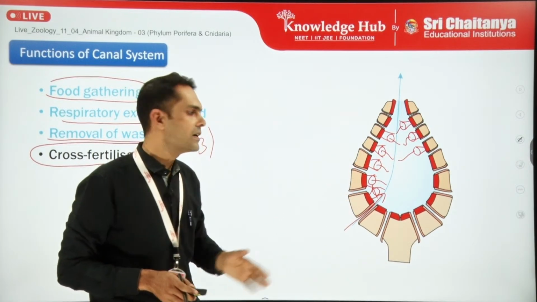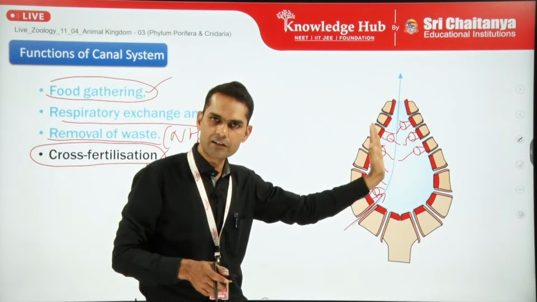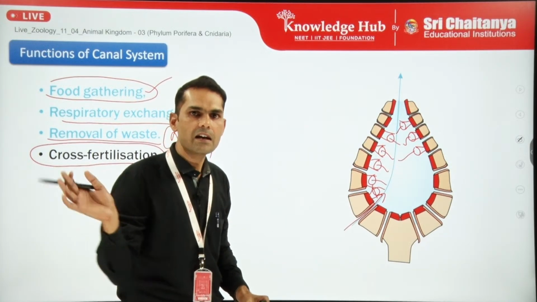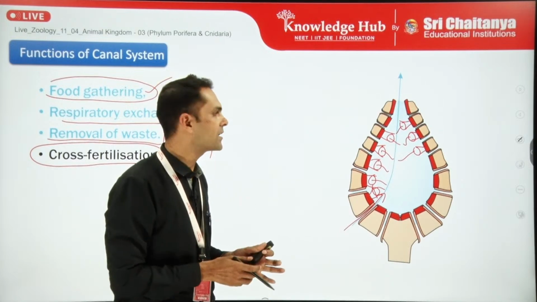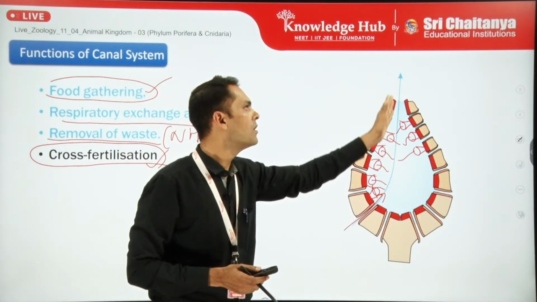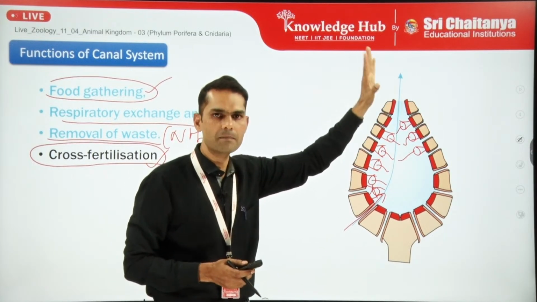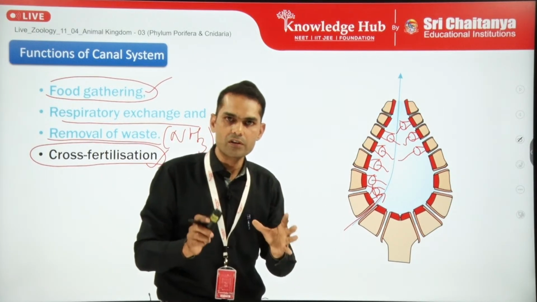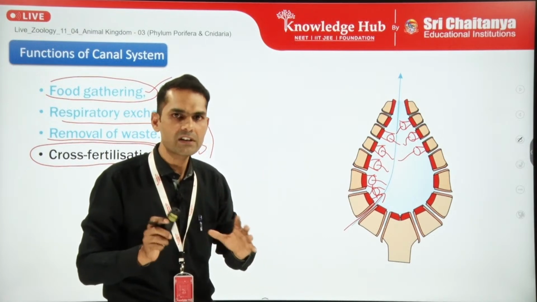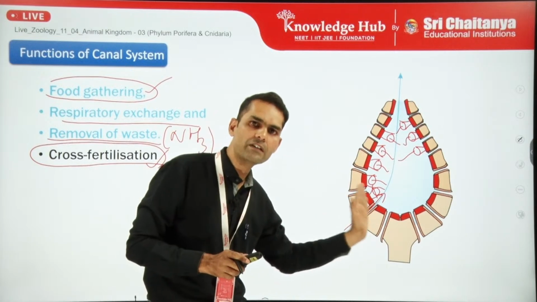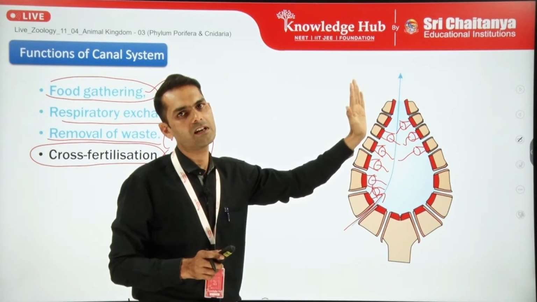But to ensure that the pathway is in a single direction only, the flagella of the choanocytes beat in such a direction that water always flows in one particular direction, which is towards the osculum, and in this way the beating of the flagella ensures that water will enter and its movement will continue towards one direction only.